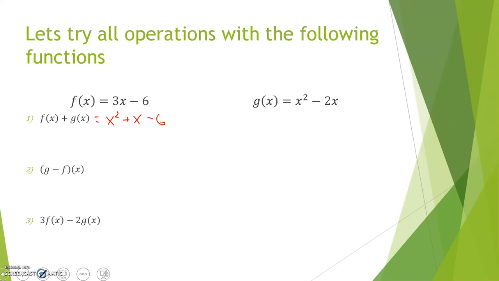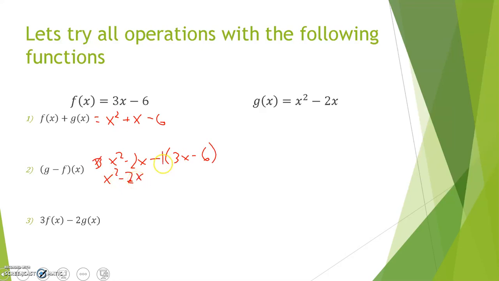Now let's subtract these two things. This one might require a little bit more work. Actually, we're going to start with the g of x. So we're going to start with x squared minus 2x, and we're going to subtract this whole function, 3x minus 6. The x squared minus the 2x won't change.